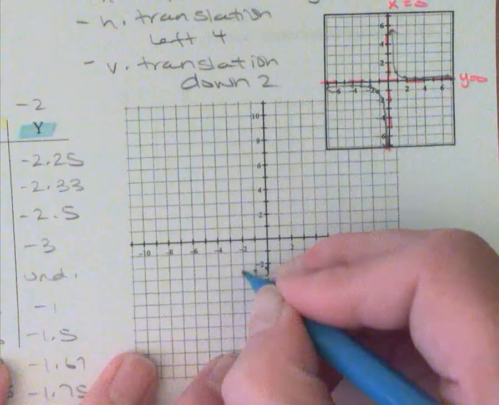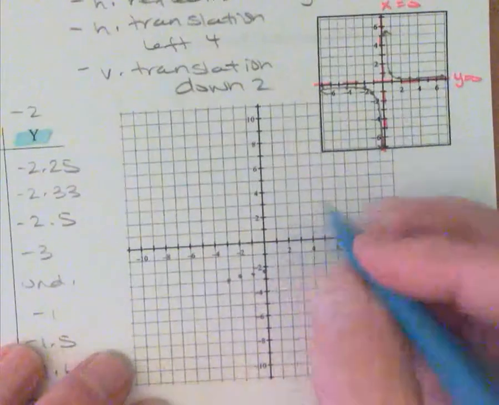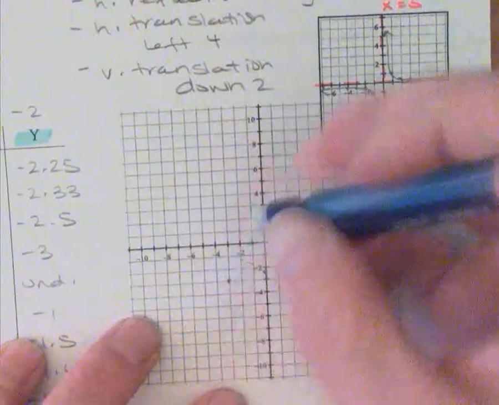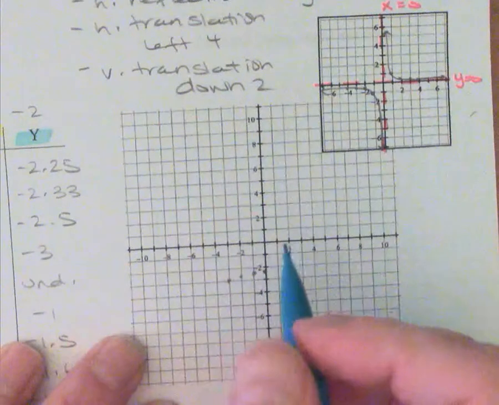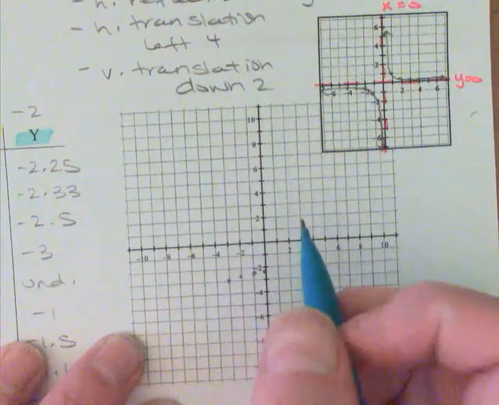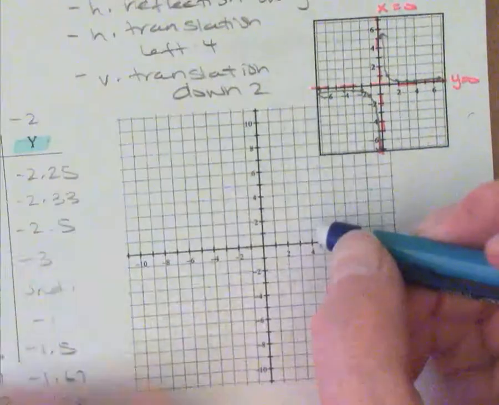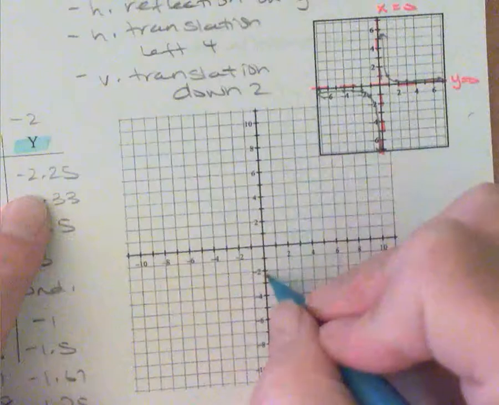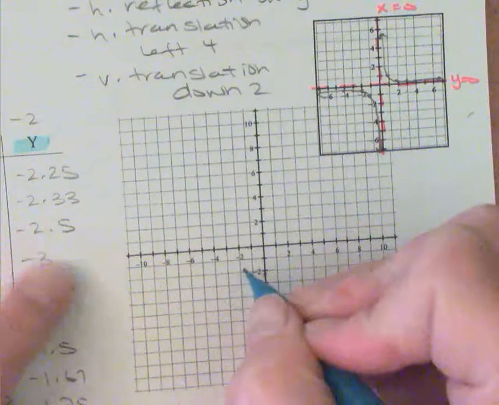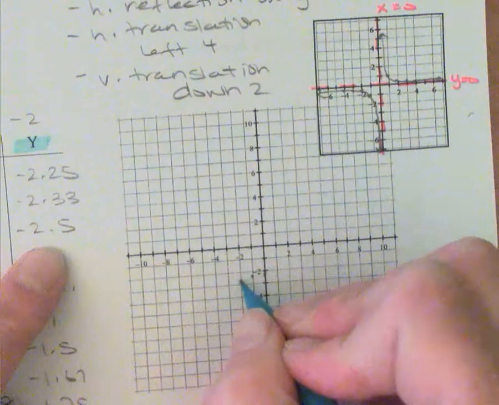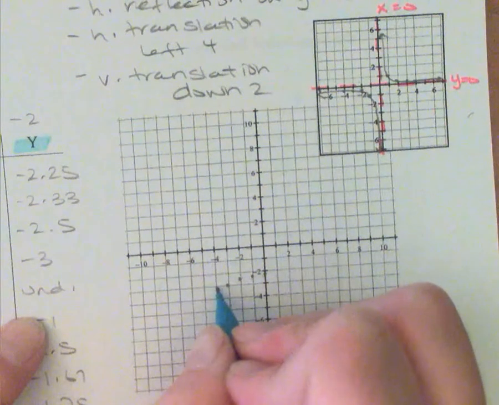Minus 2.5. Minus 3, minus 3. 0 and minus 2.25 is there. There we go. And at minus 4, we're undefined.